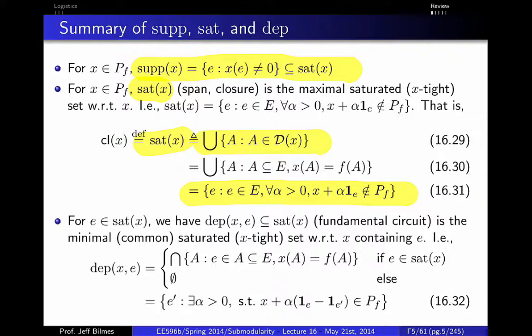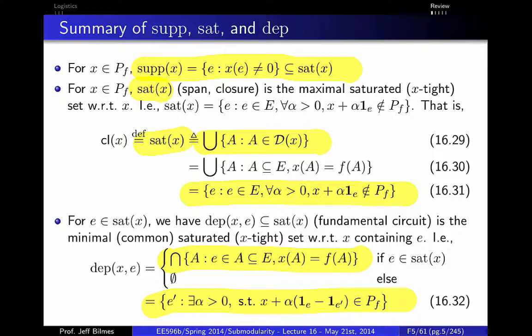And then similarly, the dep, which is like the generalization of the fundamental circuit, can be seen as the minimal E-containing tight set. It's a lattice of E-containing tight sets, and this is the minimal one. It's unique. But it also has a representation in terms of this movement restriction property. Basically, it's all directions E prime, such that if you want to move in the positive E direction, you have to correspondingly move in the negative E prime direction.